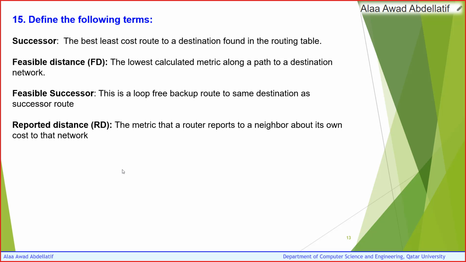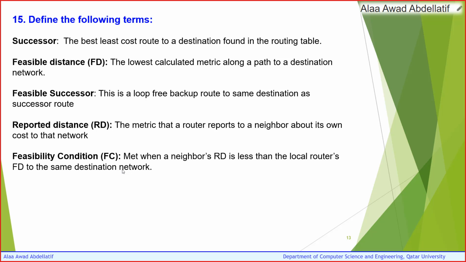And a reported distance is the metric that a router reports or sends to a neighbor node or a neighbor router about its own cost to that network. So I report the distance, and it means I send the metric to the neighbor router. And the feasibility condition is met when a neighbor's reported distance is less than the local router feasible distance to the same destination.